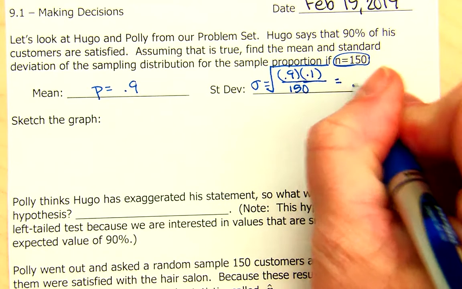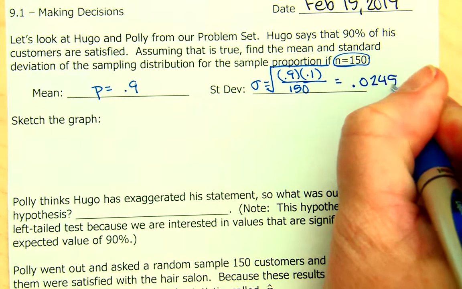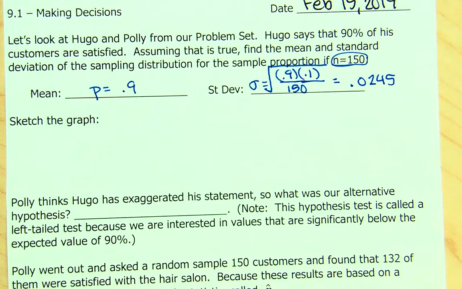So we get 0.0245. This we've done before. This is what we were doing in the last chapter, in Chapter 7. So that's mean and standard deviation.